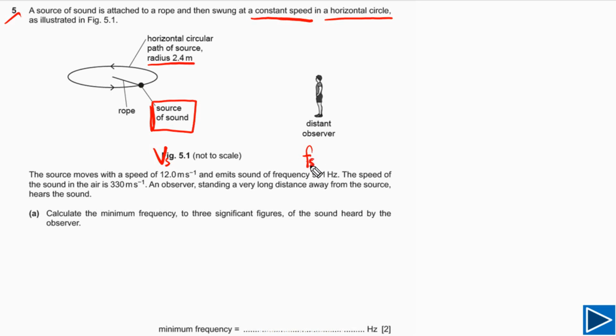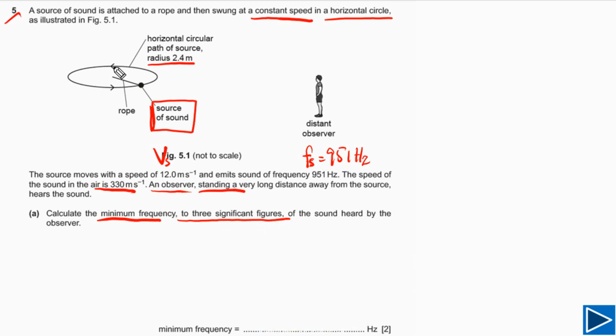So we can simply say this is Fs. In this case, F is equal to 950 hertz. The speed of sound in air is also given to us, and it is also given that the observer is at rest. We need to calculate the minimum frequency, and in our answer we need to use 3 significant figures.